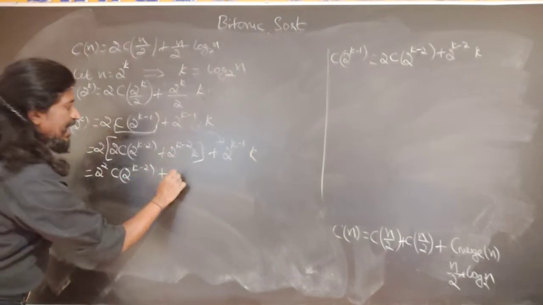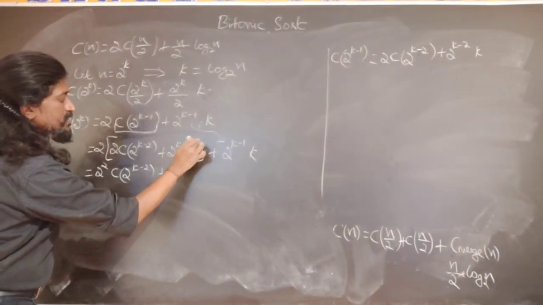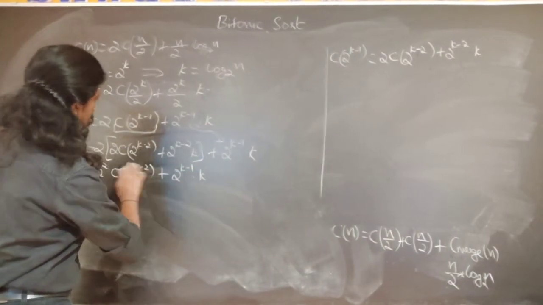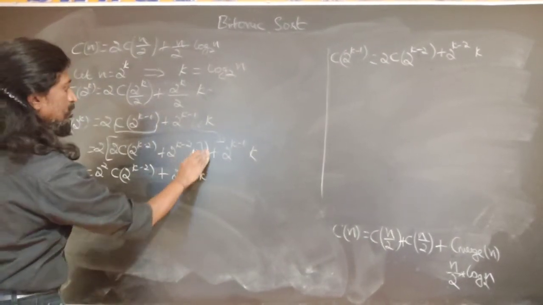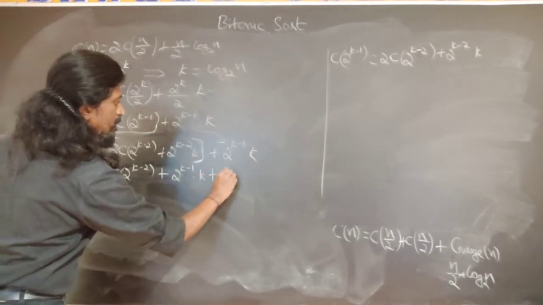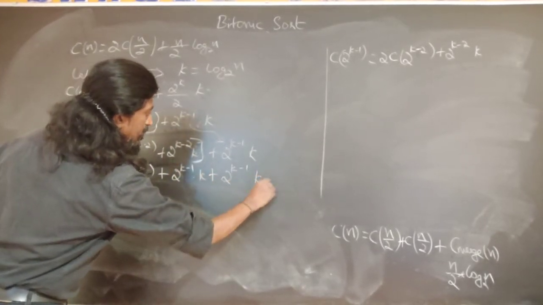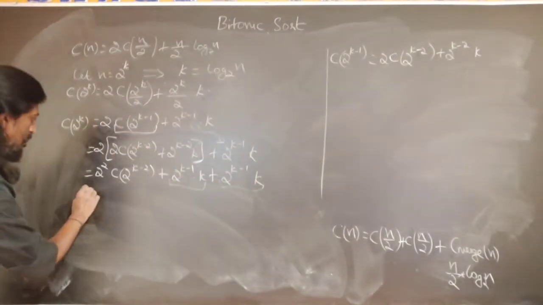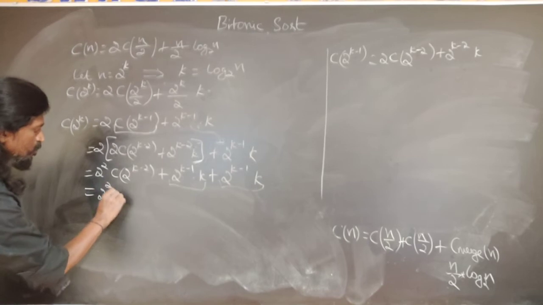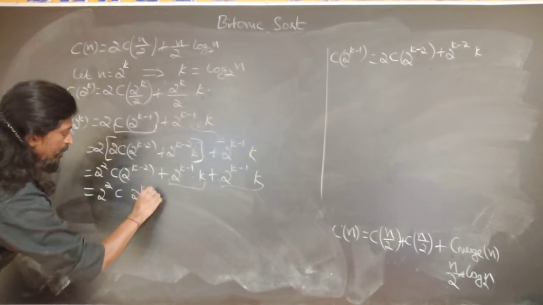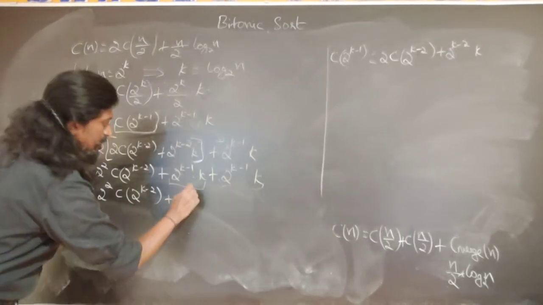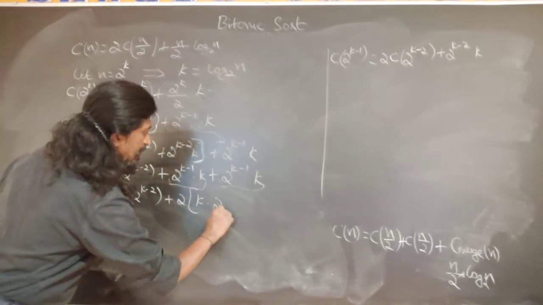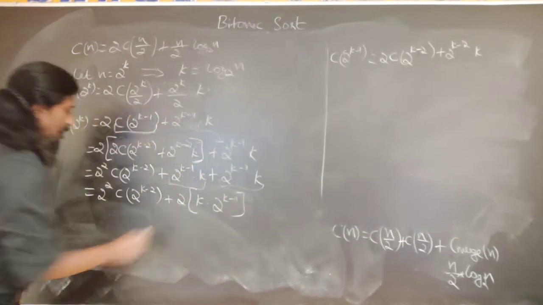So 1 k gets added, so k minus 2 plus 1, therefore it is 2 to the power of k minus 1 into k, plus 2 to the power of k minus 1 into k. So we can see this term is the same. Therefore we will write it as 2 squared c 2 to the power of k minus 2 plus 2 times k into 2 to the power of k minus 1.